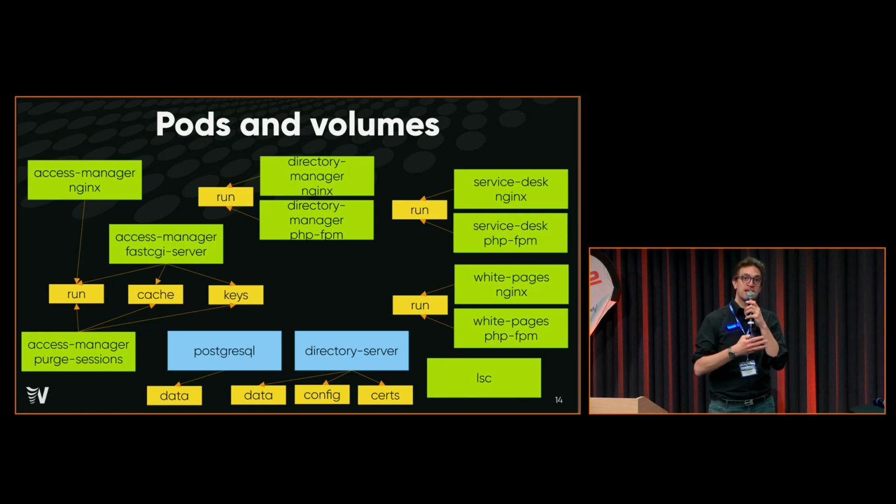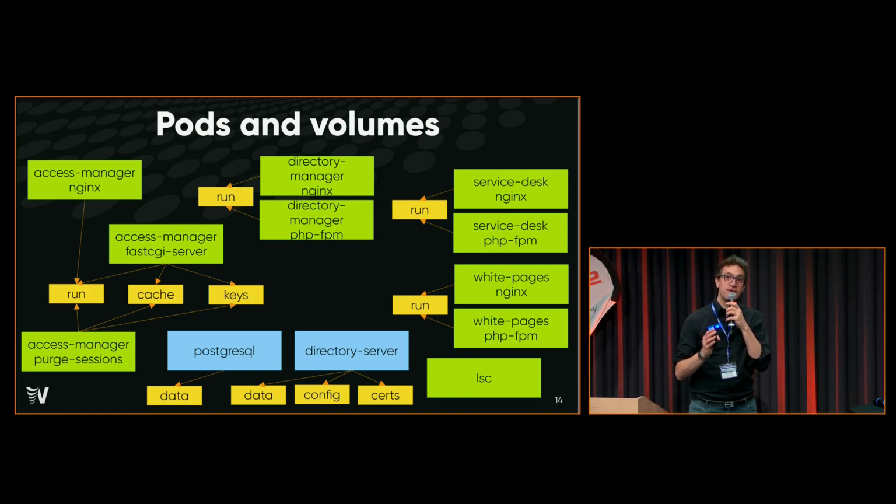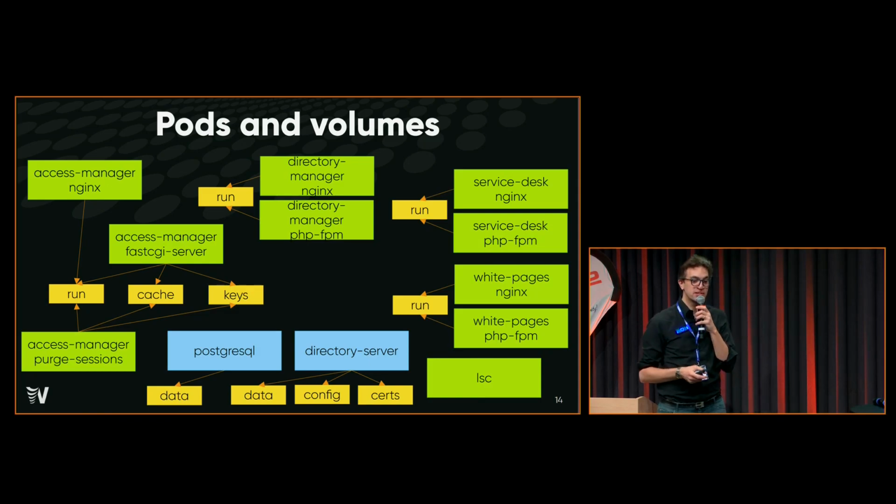So the fact that all features and all software are cut into different pods is that you are able to have a really accurate performance overview over your full identity and access management services.